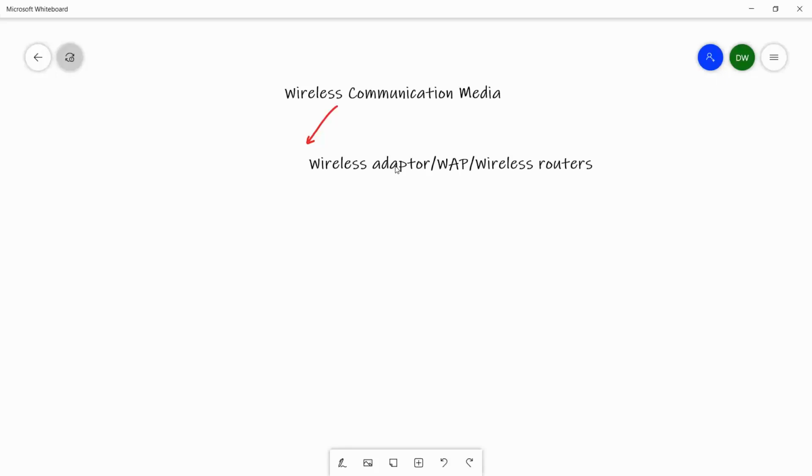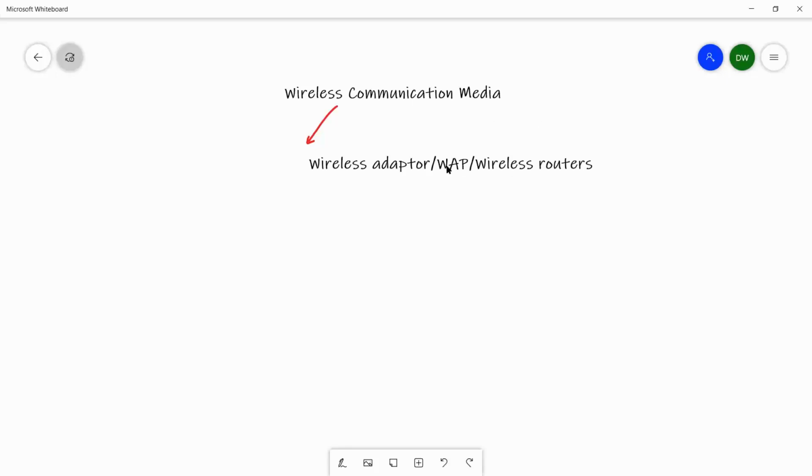And when you access the internet using your mobile phone, there also you have a built-in wireless adapter. And sometimes some people use USB dongles. A USB dongle has to be plugged into your machine, and thereafter you have the wireless capability.